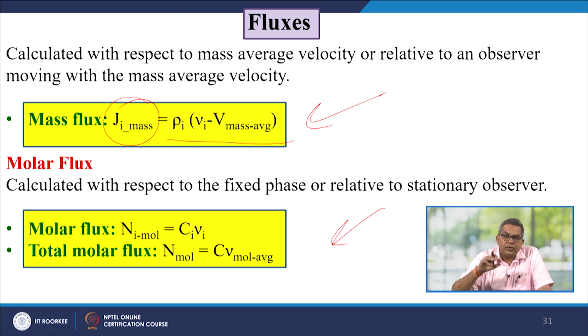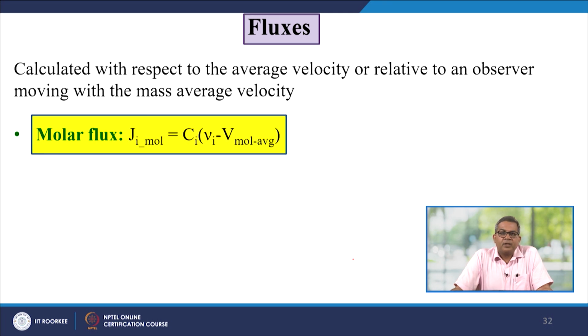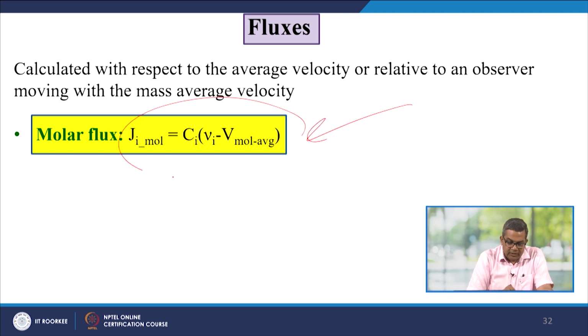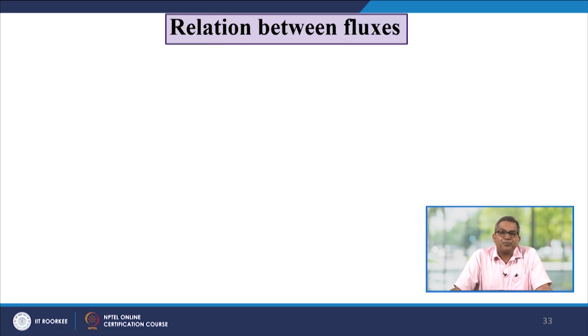So, the molar flux N molar is Ci Vi, and the total molar flux N mole is equal to C V molar average. Now, calculated relative to an observer moving with the molar average velocity, the molar flux Ji can be represented as Ci into Vi minus V mole average.